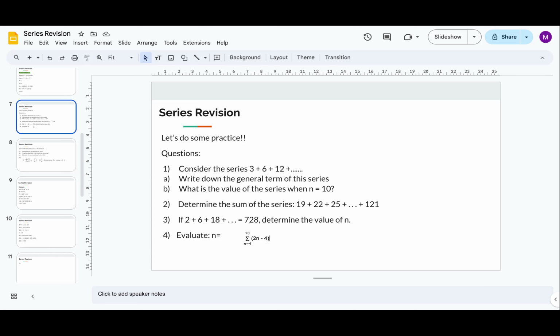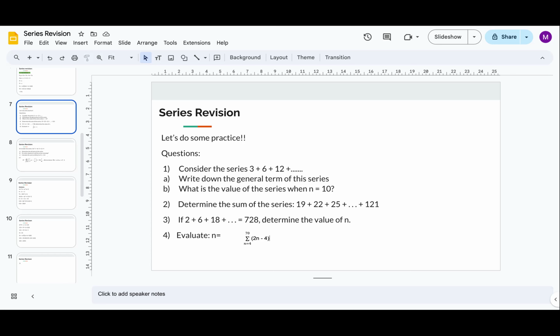Now, 6 minus 2 gives me 4. 18 minus 6, however, gives me 12. So I can't be working with an arithmetic series, so it must be a geometric series. Now 6 over 2 is 3, and 18 over 6 is 3 as well.